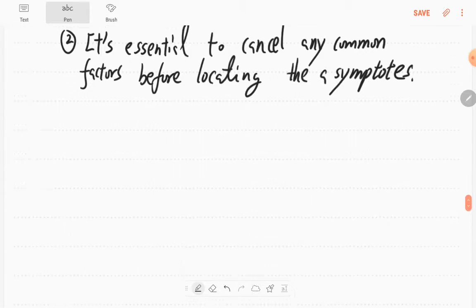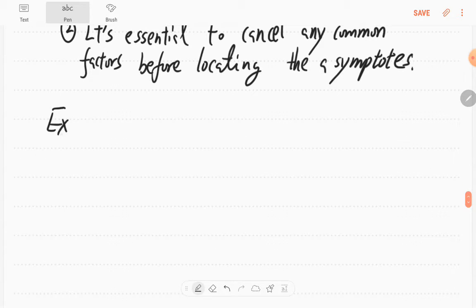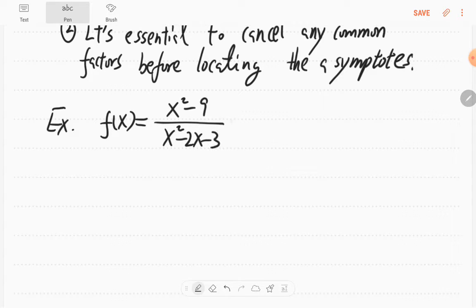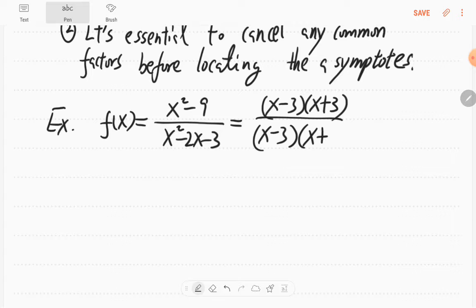For example, if you have this function f of x equals x squared minus 9 over x squared minus 2x minus 3. The first thing we need to look at is whether we have some common factor, so we factorize the top: x minus 3, x plus 3. The bottom is x minus 3, x plus 1, right?